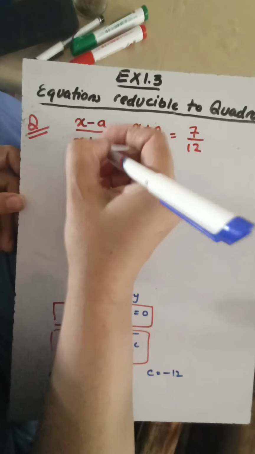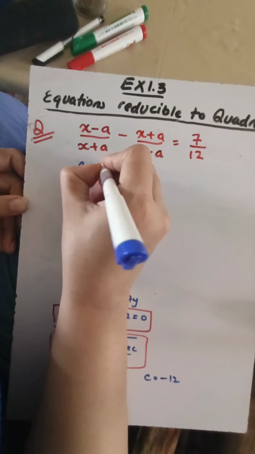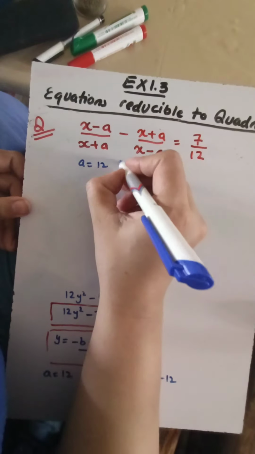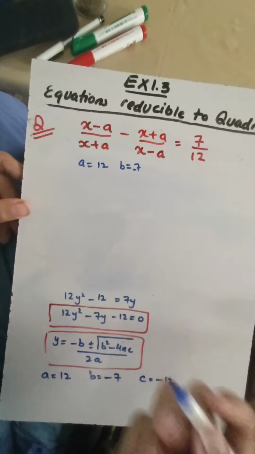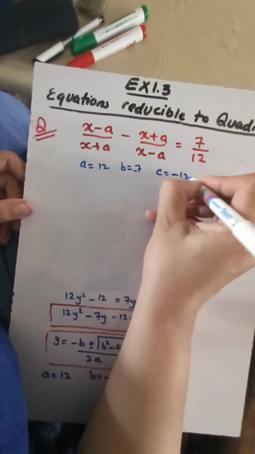Now a is equal to 12, b is equal to negative 7, and c is equal to negative 12.